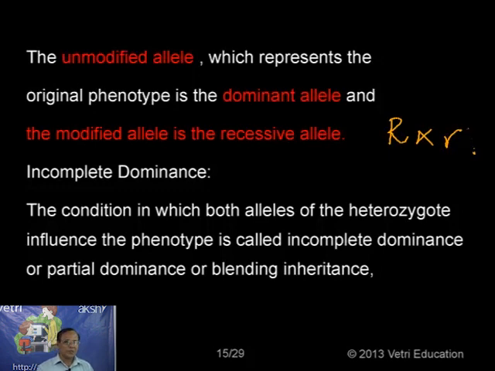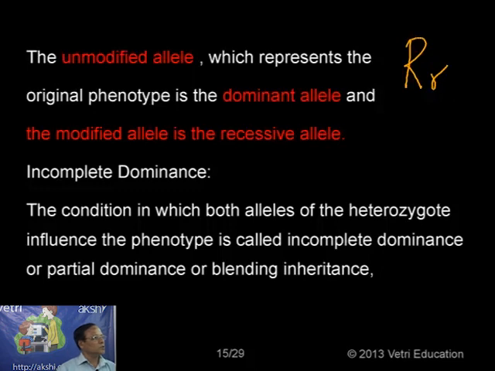So, in incomplete dominance, for example, if I take a hybrid with a capital and a small allele, these are the two alleles of a heterozygote. The two alleles in a heterozygote influence the expression of a particular phenotype. Both together interact and influence the formation of an intermediate character. That is called incomplete dominance.